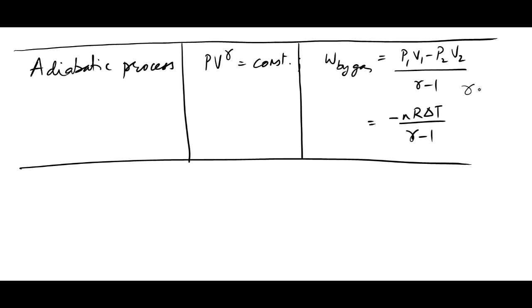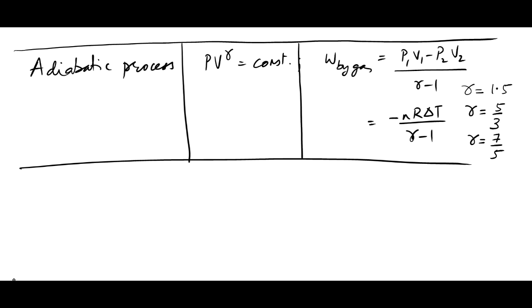Later on in the chapter we'll learn that in an ideal monatomic gas, gamma is 5 by 3, or in an ideal diatomic gas, gamma can actually be 5 divided by 3 under certain conditions, of course, and gamma for a diatomic gas under some other conditions can actually be 7 divided by 5.